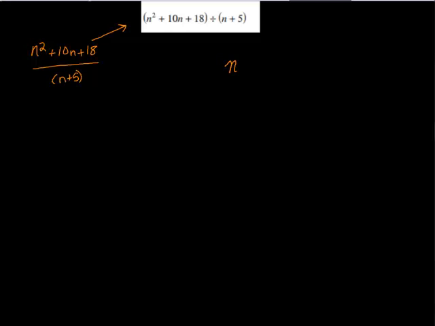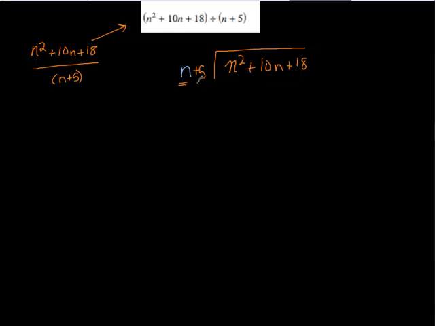So we're going to have n squared plus 10n plus 18 in the box. And then we're going to have n, this is important, you'll see why I'm writing it this way in a second, plus 5. Because when you do polynomial division, you only use the leading term.